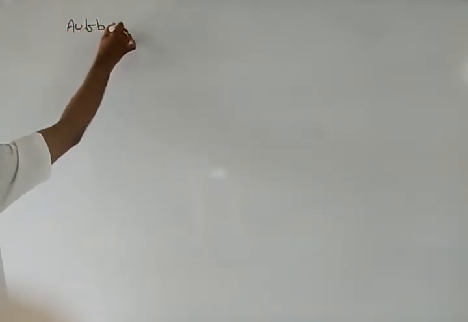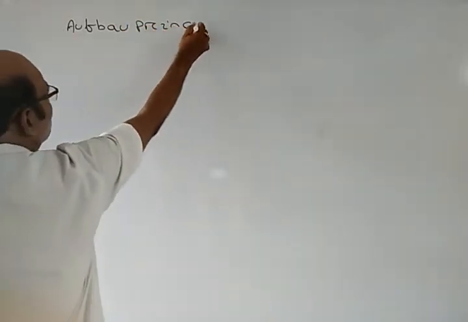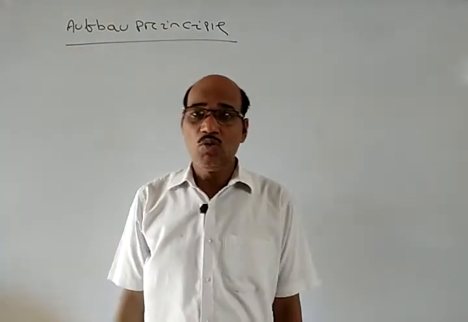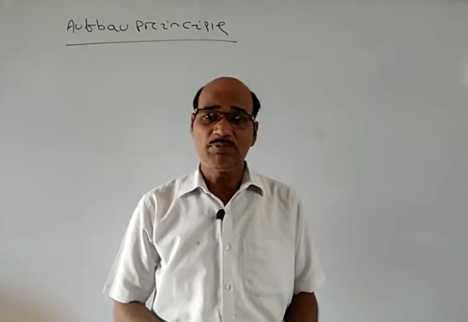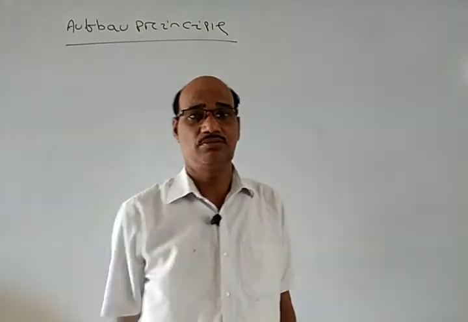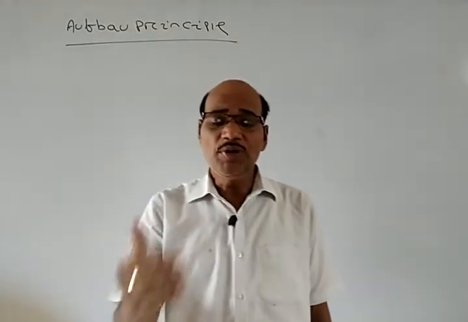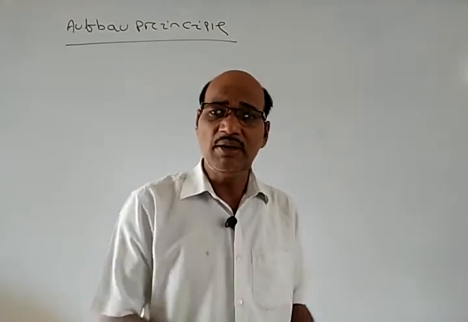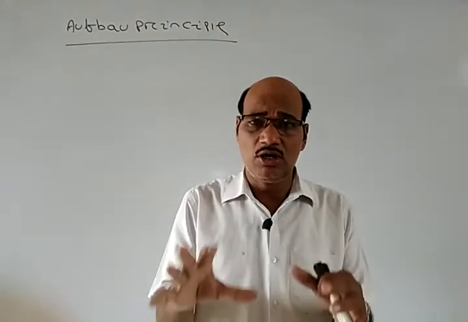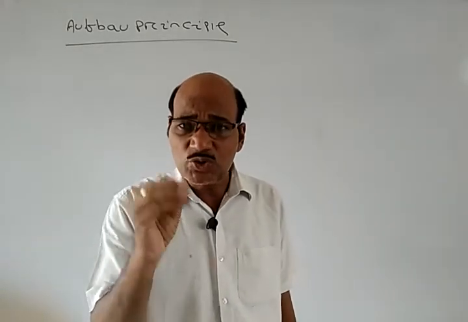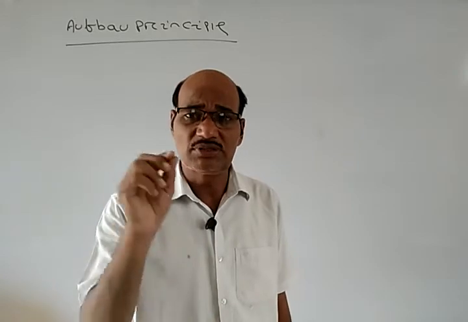First of all, the Aufbau principle. So what does the Aufbau principle say? According to the Aufbau principle, orbitals with the lowest energy fill first. We have seen different orbitals, 1s, 2s, 2p, 3s, 3p, many kinds of orbitals are there, and out of these orbitals, the electron will first choose the orbital which has the lowest energy.